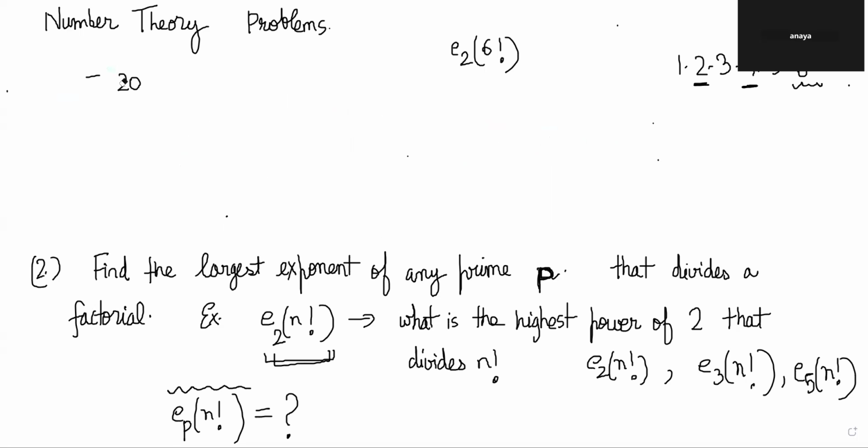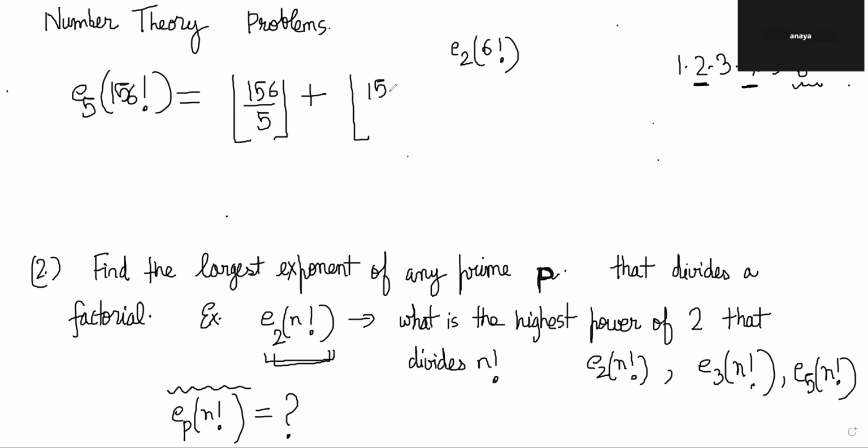So what I need to find out is E of 5, 156 factorial. So we'll follow the same method. We'll say, okay, 156 by 5 and take the floor function. Then 156 by 5 square.